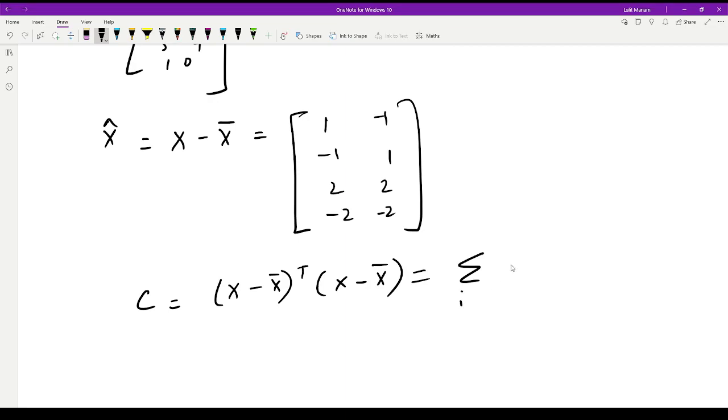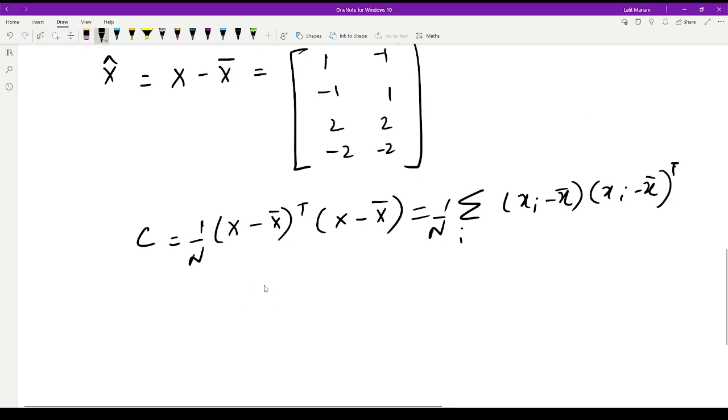This is nothing but summation over i of (xi minus x bar)(xi minus x bar) transpose. Well, there should be a 1 by n out here. Covariance needs 1 by n, but for our case, we just need this matrix. It's just x hat transpose x hat.